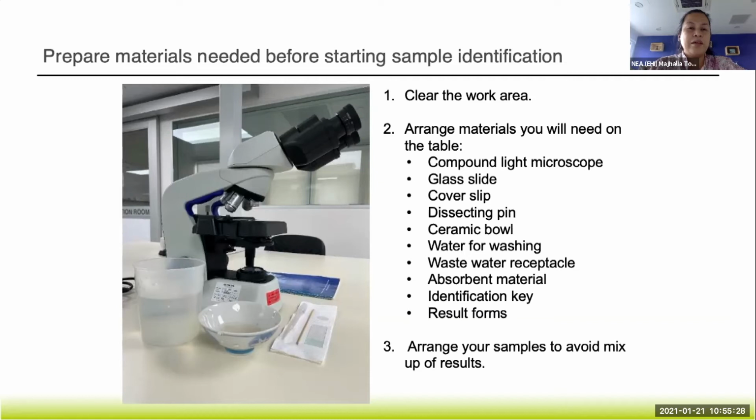And even if I've been doing this for quite some time, I always have an identification key with me. Sometimes you have to use the key that is common for your region, but it will be best if you can develop your own keys from your own country because that way it will be specific to species that you have in your area.